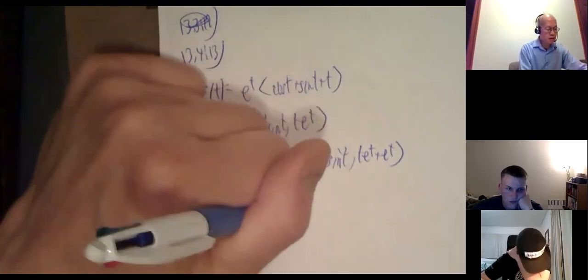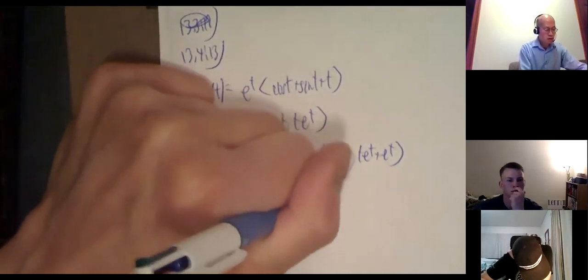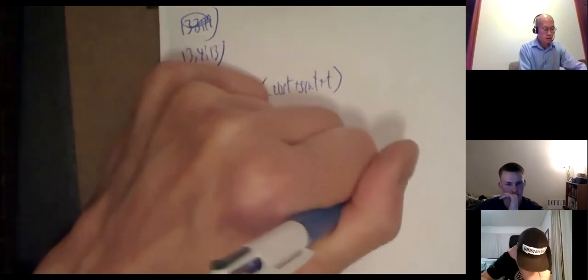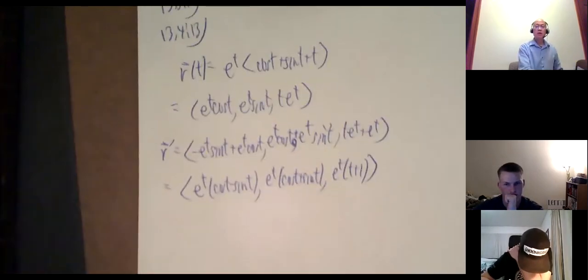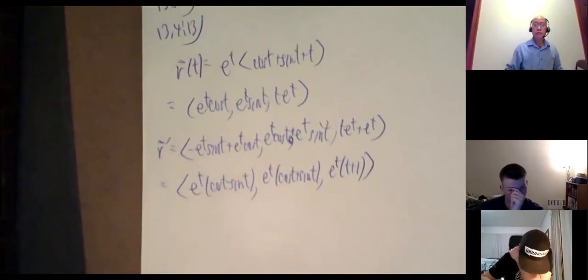Factor out the e to the t: cosine t plus sine t, and e to the t times t plus 1. Okay, so that's as much as I'm willing to do for that. It's just reviewing the product rule. I don't want to take up too much class time for that, so you can have more time for the test.